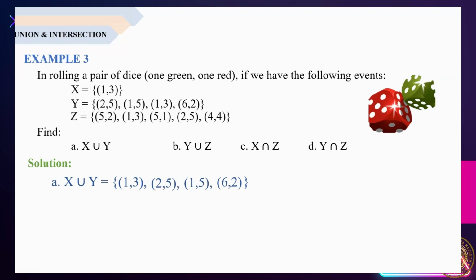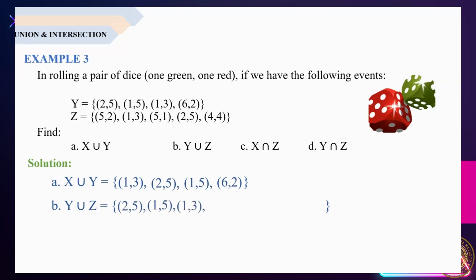So, yan yung mga union kapag pinagsama natin yung X and Y. Okay? So, proceed tayo sa the union of Y and Z. So, sa letter B naman, this time mag-focus tayo sa events na meron sa Y at events na meron sa Z. So, union pa rin pinag-uusapan. So, pagsasamahin lang natin yung events na meron sa Y at yung events na meron sa Z. So, sulat na natin. So, we have 2, 5. We have also 1, 5.